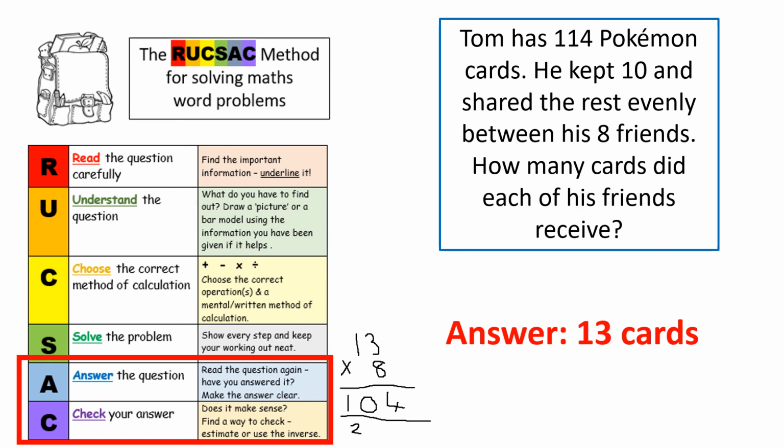It was a multi-step problem, so I then need to do the inverse to check the second part, which was to add 10. 104 add 10 equals 114, which was the amount of cards that Tom started with, which makes my answer correct.